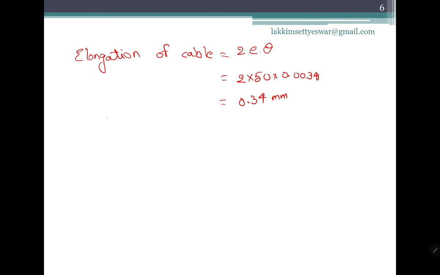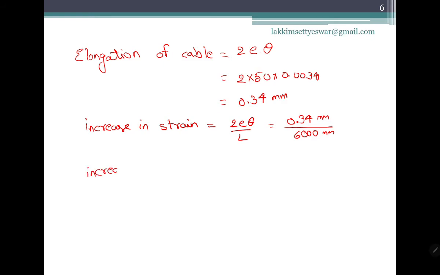So let's calculate the strain. Due to this elongation, strain will develop, right? So increase in strain due to loading is equal to 2 into E into theta divided by L. It means 0.34 mm divided by length 6 meters, so 6000 mm. From increase in strain, we can calculate increase in stress.